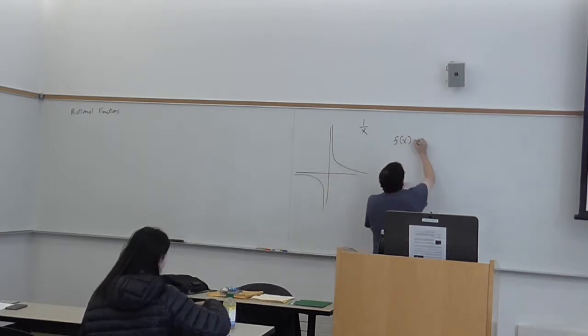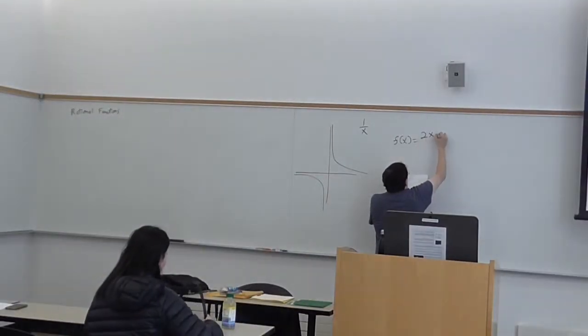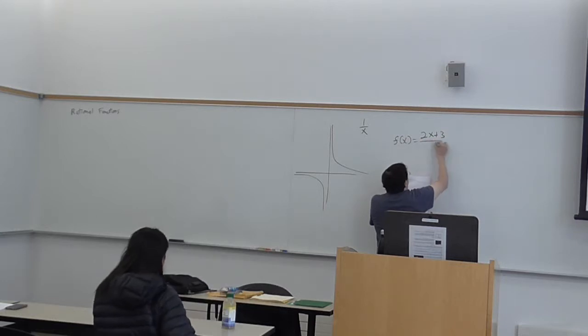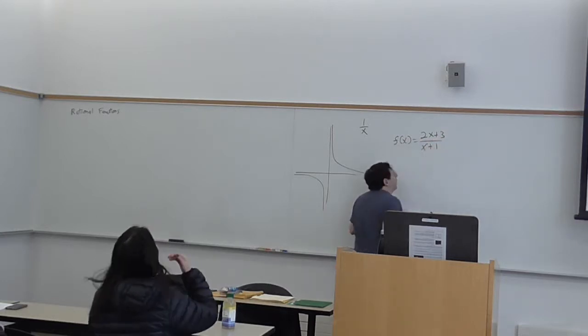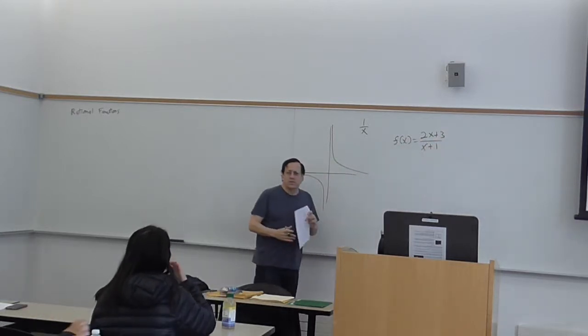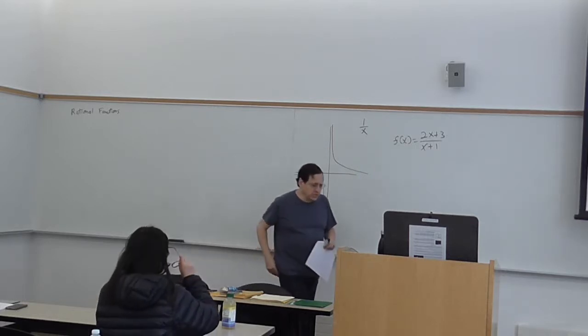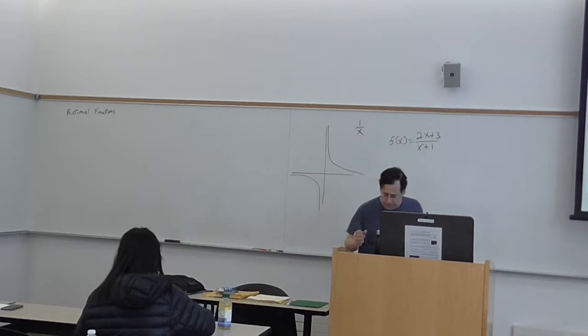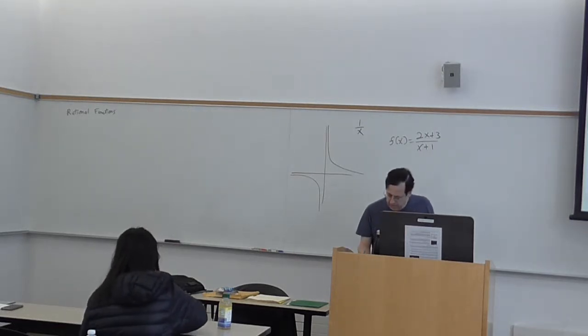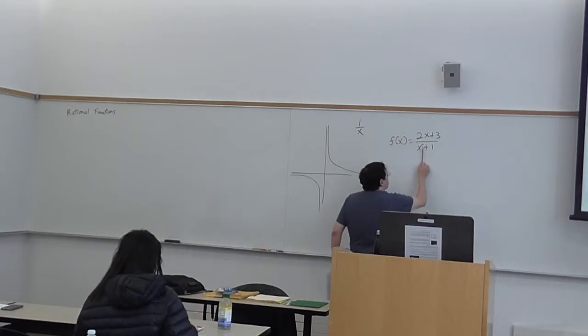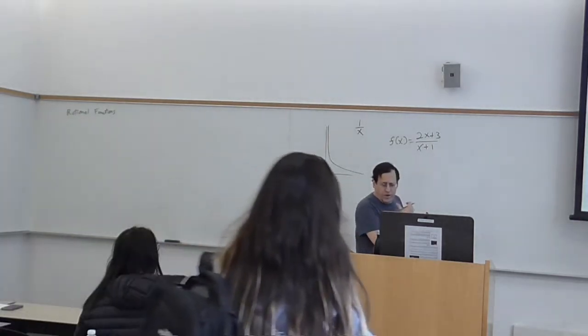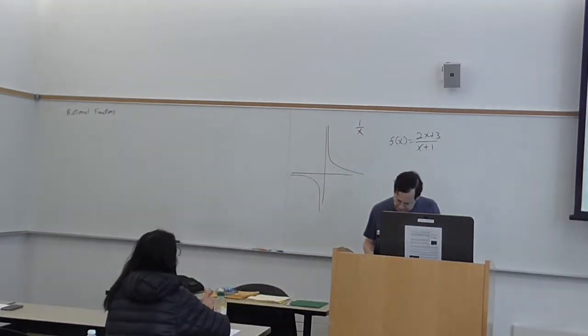Look at f of x equals 2x plus 3 over x plus 1. Well, obviously a rational function, you can see it's going to have a vertical asymptote at -1. You can figure out the end behavior.